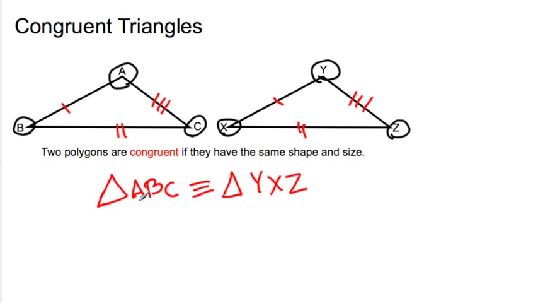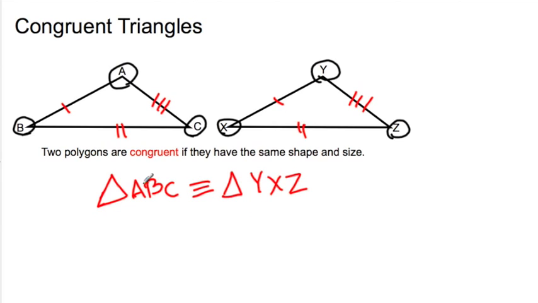It's important because it shows the relationship between A and Y, B and X, C and Z, side length AB and side length YX, and so forth. The above pairs of equal angles and equal sides are called corresponding angles and corresponding sides of the congruent triangles. When two triangles are congruent, each pair of corresponding angles and each pair of corresponding sides are equal.